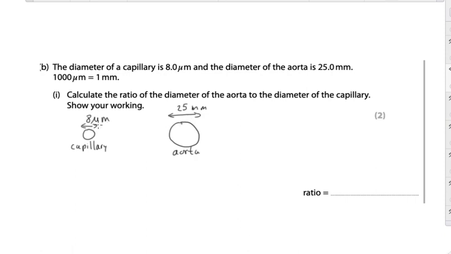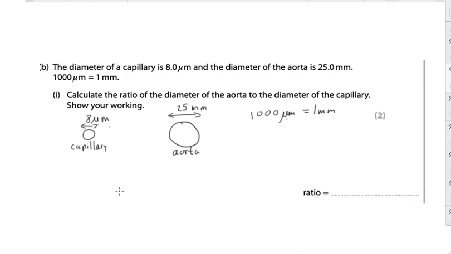So instantly we need to be aware, different units, and we're told that 1,000 micrometers is the same as 1 millimeter.